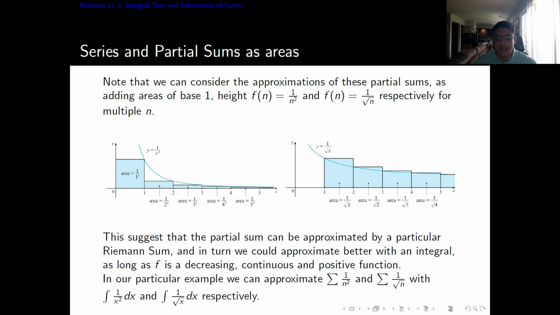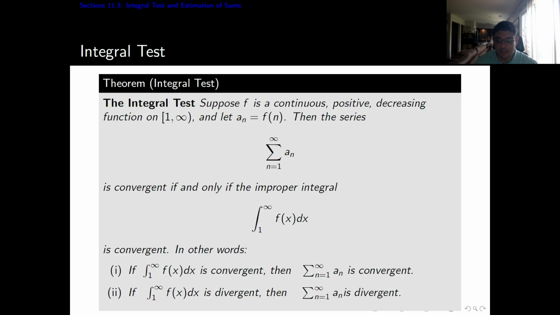Essentially, I'm going to approximate 1 over n squared with the integral of 1 over x squared, and 1 over square root of n with 1 over square root of x respectively. That idea is the principle of the integral test.